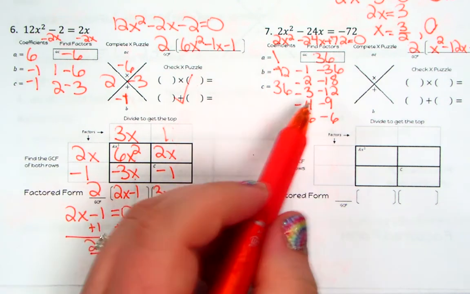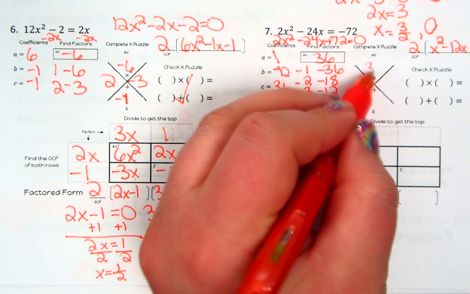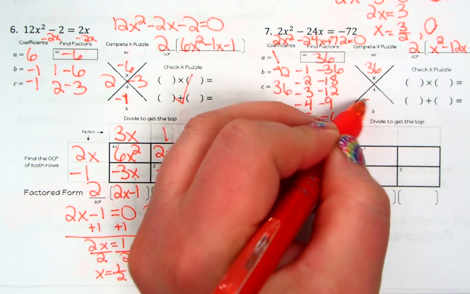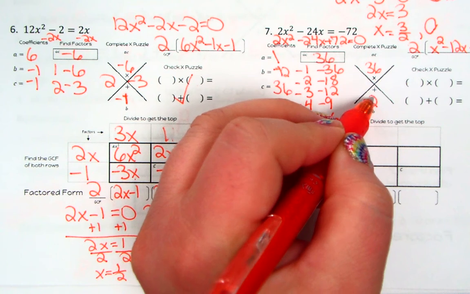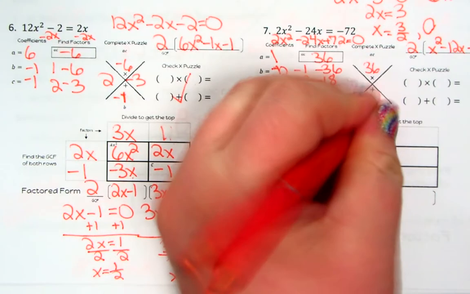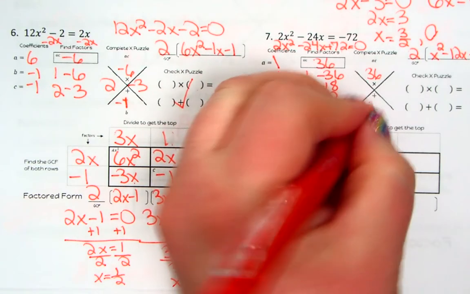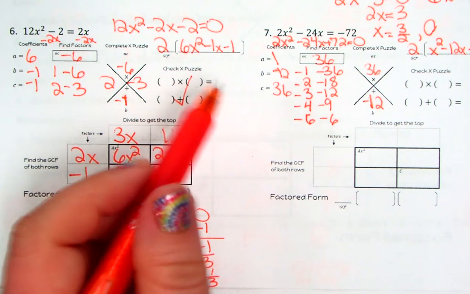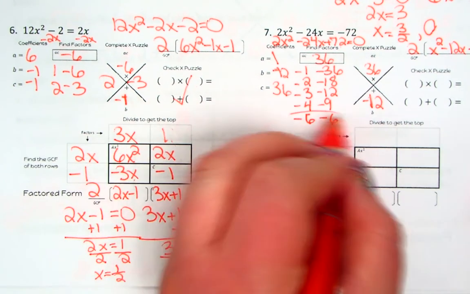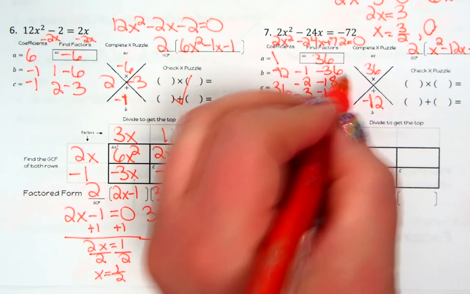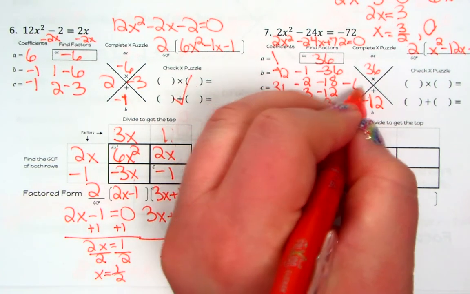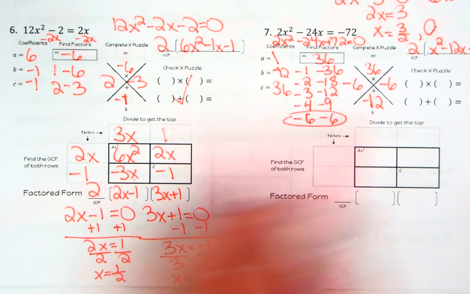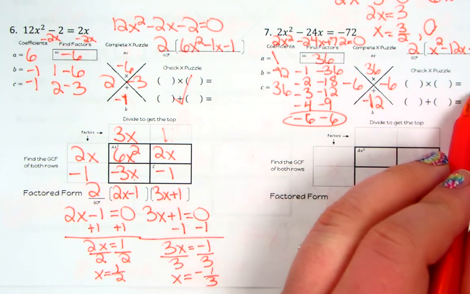So multiplying to be 36 and adding to be negative 12 means that I'm looking for negative 6 and negative 6. Negative 6 times negative 6, positive 36.